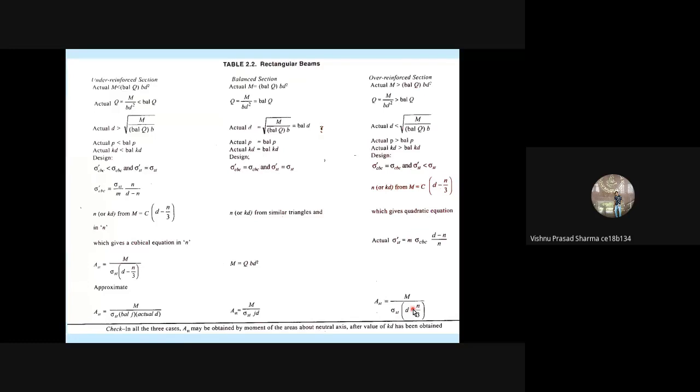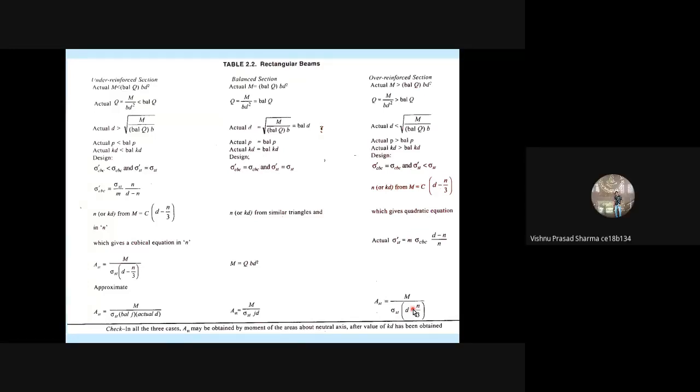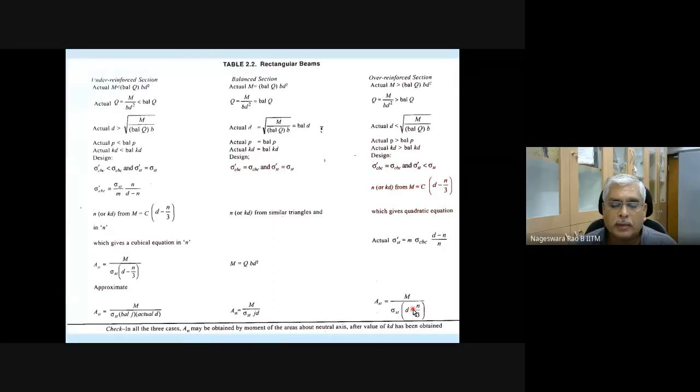Sir, I have a confusion. Tell me. When we say redesign this under reinforced or redesign this over reinforced beam, what are we trying to achieve after redesigning? Please note that we are taking the same dimensions for the same moment carrying capacity.